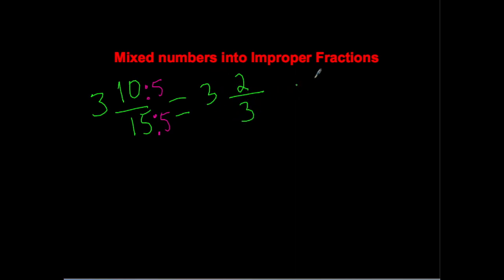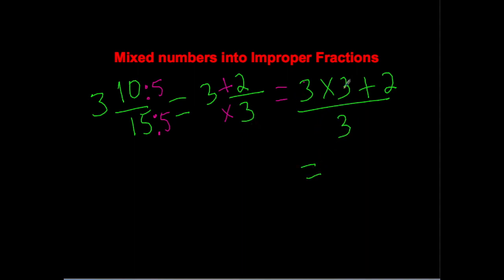So now we can change it into an improper fraction. Remember what we do? We multiply the divisor by the quotient, which is the whole number in front of the fraction. Then you add the remainder to it. So this is 3 times 3 plus 2 over the denominator, or the divisor. 3 times 3 is 9.